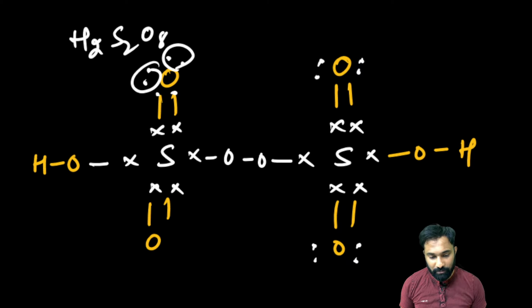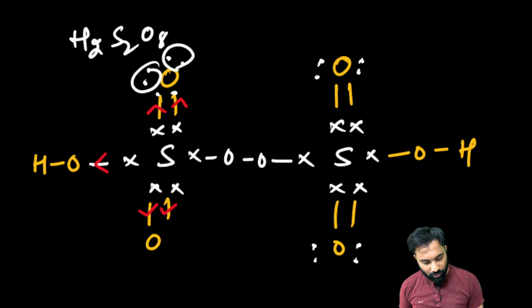This is the one peroxy linkage present in H2S2O8. Now in this H2S2O8 you can see the sulfur oxidation number. Here the sulfur is losing electrons.